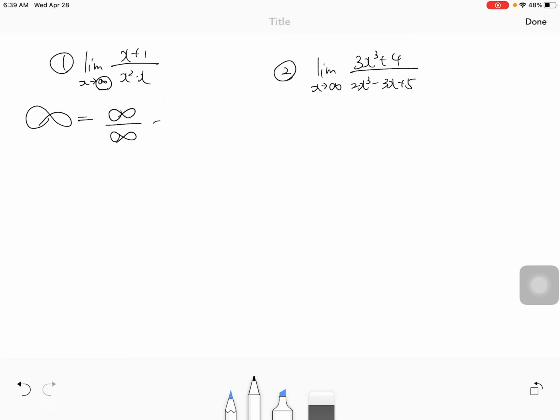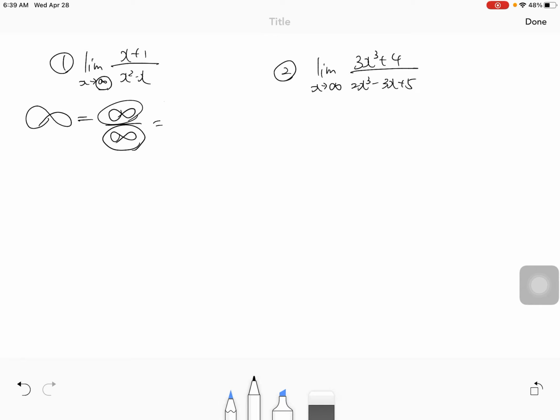You might think you can just cancel out infinity, then it's going to be 1. This is not true. That's because there are two infinities, top and bottom, and actually this infinity might be bigger than this infinity. In this case, it's not going to be 1, isn't it?